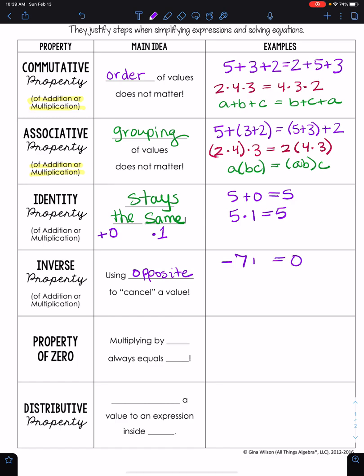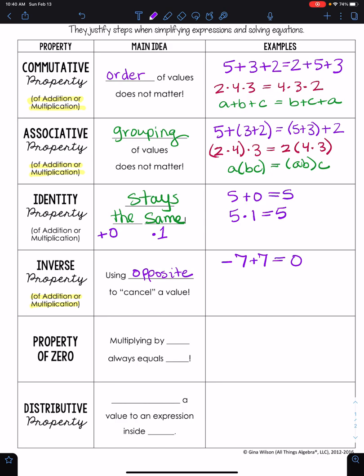I could add its opposite, which is 7, to get 0. And so that's important for equations coming up, because we're going to want to move some numbers away from a variable. So adding the opposite, again, this property only works for addition and multiplication. Adding the opposite will get a number away from a variable.